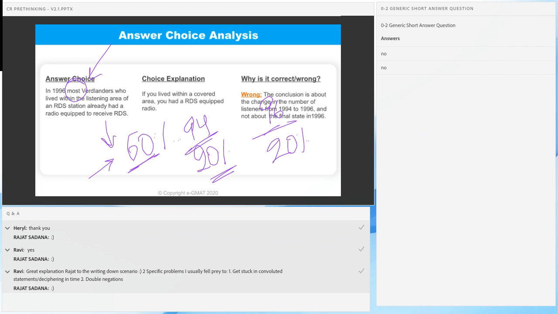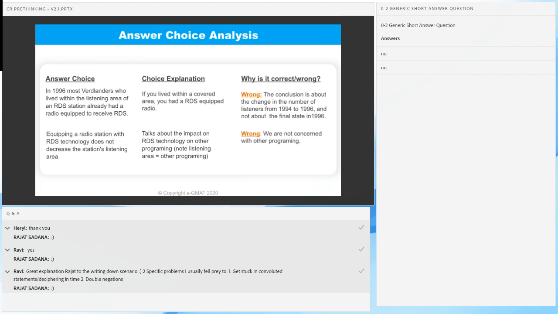No, it's not required. It's not a must be. This is very similar to those strengthening answer choices in that highway miles question. Choice C: equipping a radio station with RDS technology does not decrease the station's listening area. Completely irrelevant to us. Why? Because without RDS technology, stations can't even transmit RDS programming. So if this happens to decrease the listening area, it's only going to decrease the listening area of non-RDS programming, the kind of programming we don't really care about.